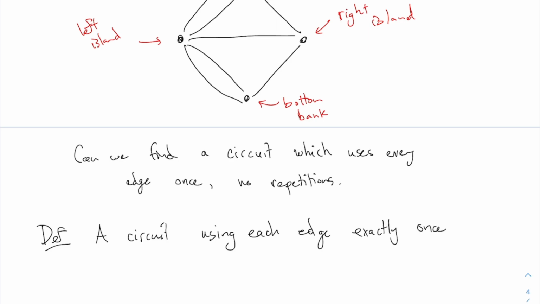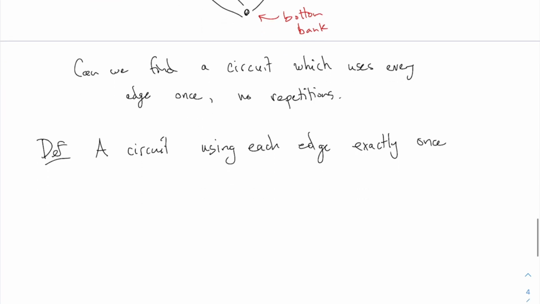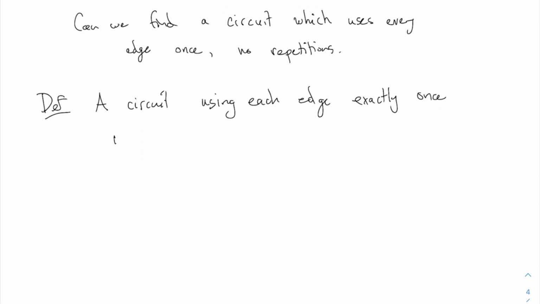Exactly meaning it doesn't use it more than once and it doesn't use it less than once, right? Every edge gets used exactly once. Is called an Euler circuit. All right, that's an Euler circuit.